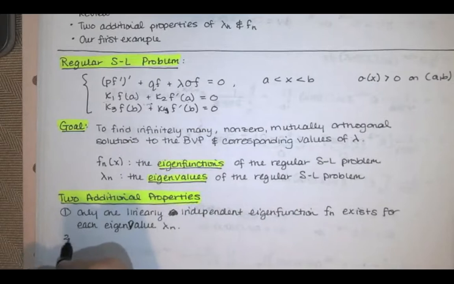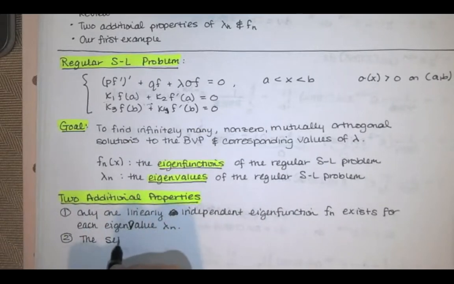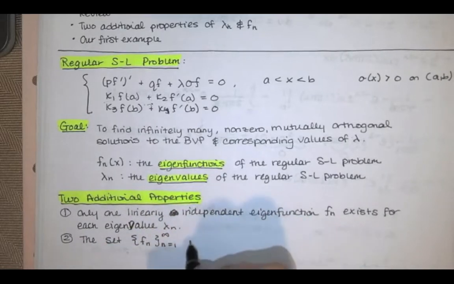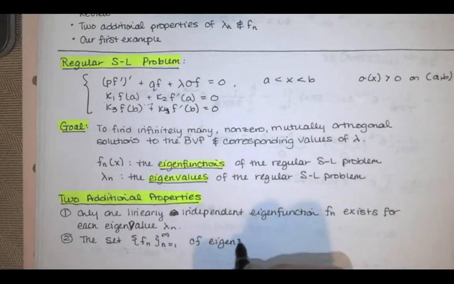It's a very important property. The set of eigenfunctions, starting with n equals 1 and going to infinity, is complete.